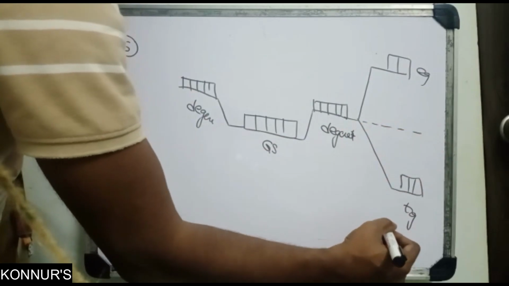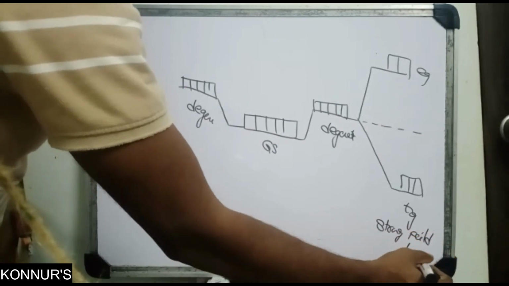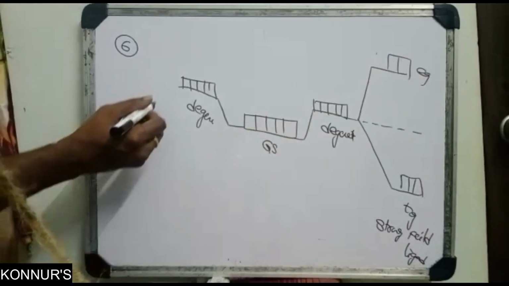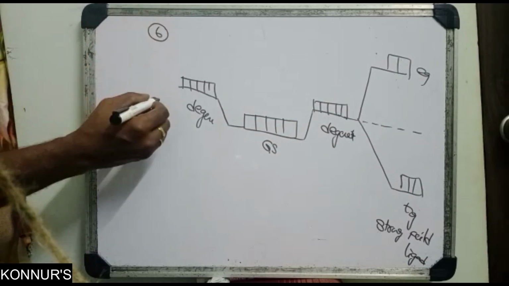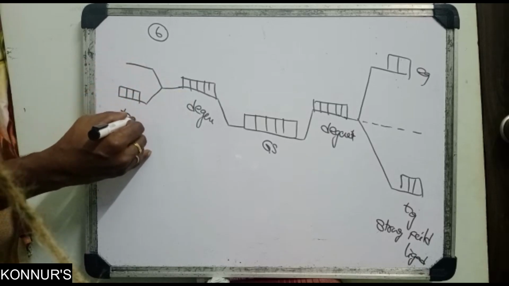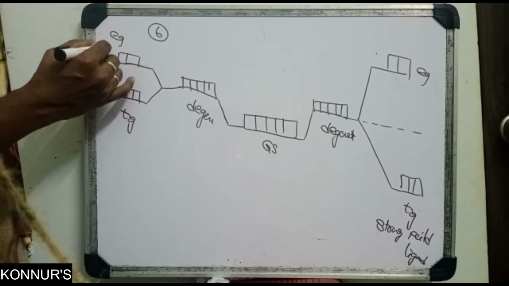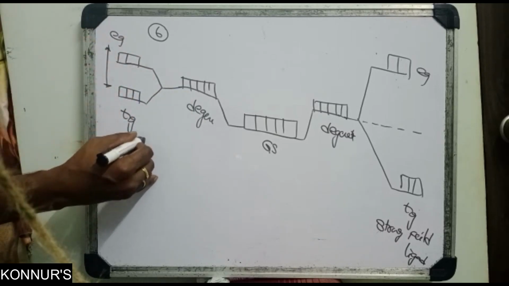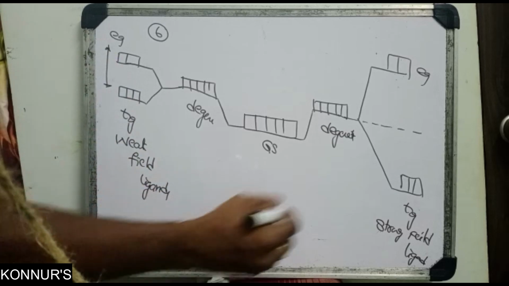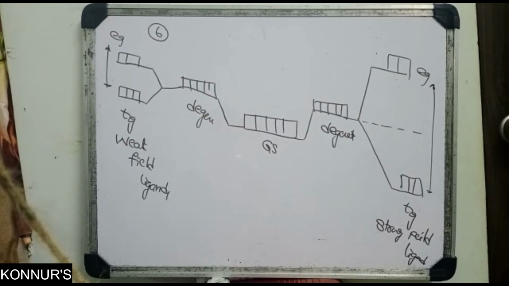In the presence of a strong field ligand, the energy gap between t2g and eg increases. Next, in the presence of a weak field ligand, this is t2g and eg, so the energy gap is less. So in the presence of strong field ligands, a large gap is observed.